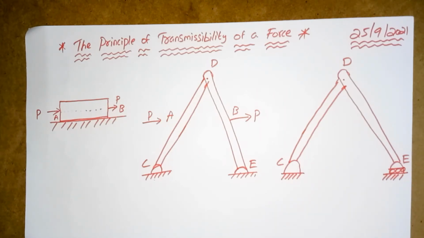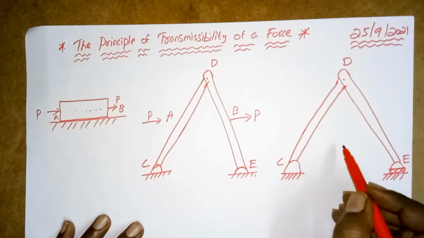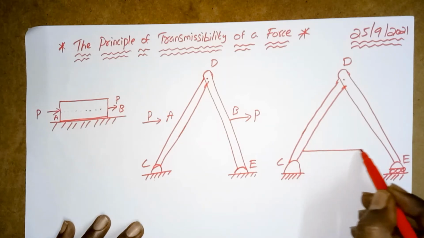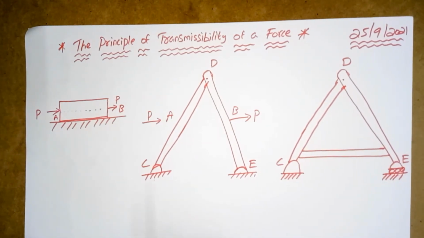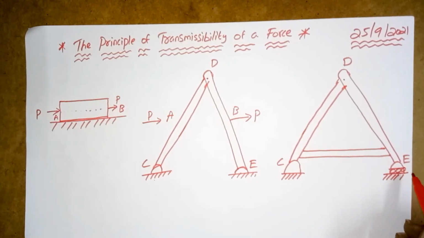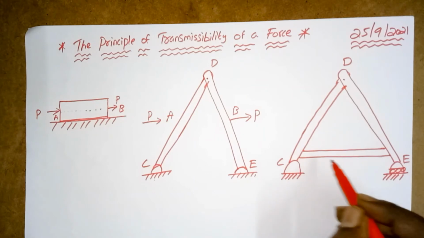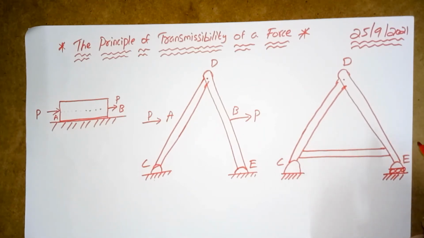It shows a truss shape, like this. This is the roller. Seeing this diagram, we have a triangular truss equivalent to a single rigid body.